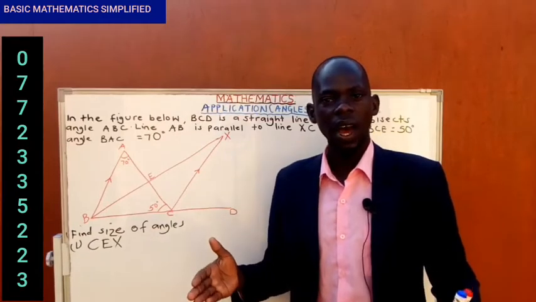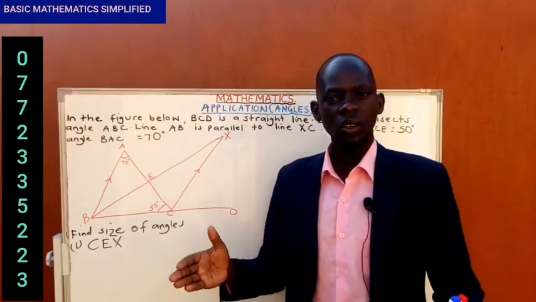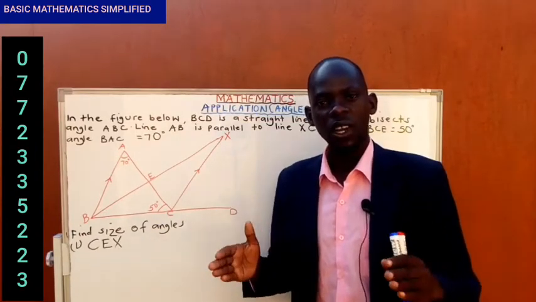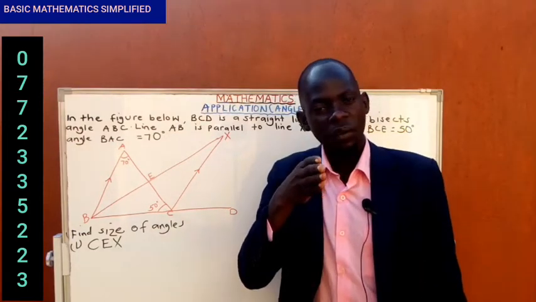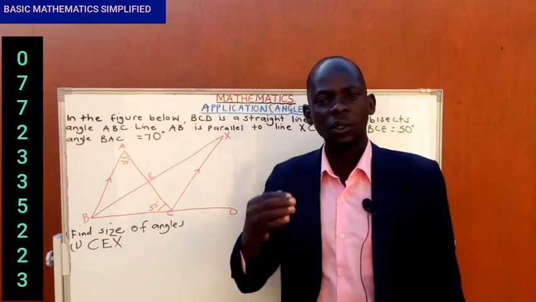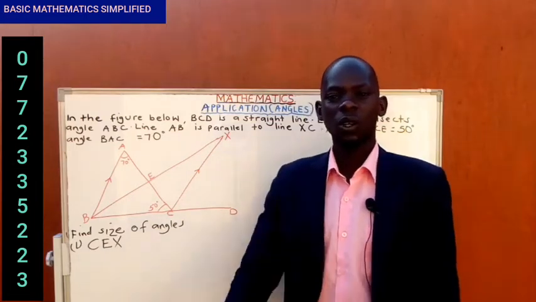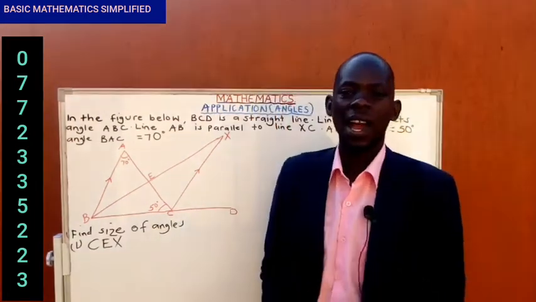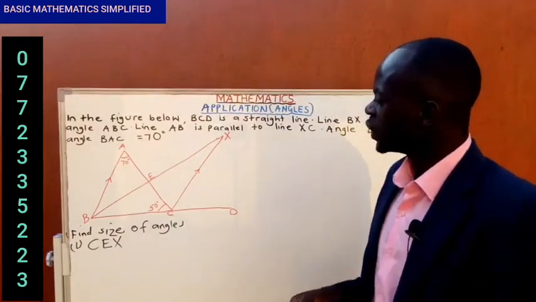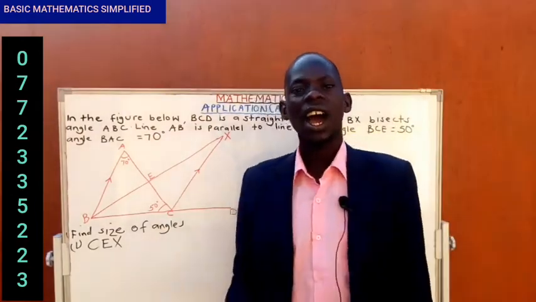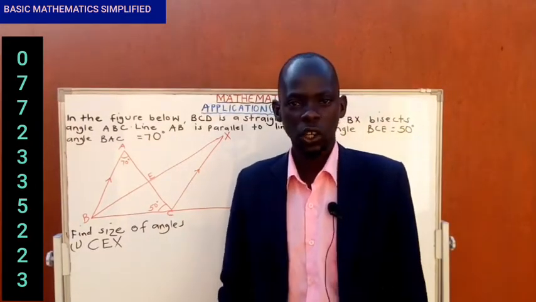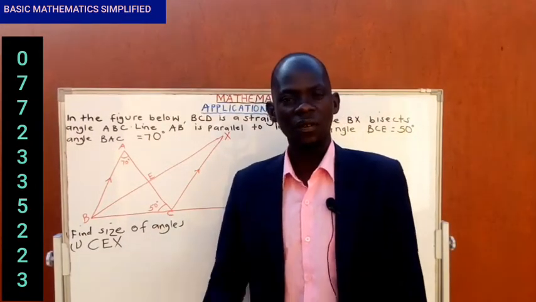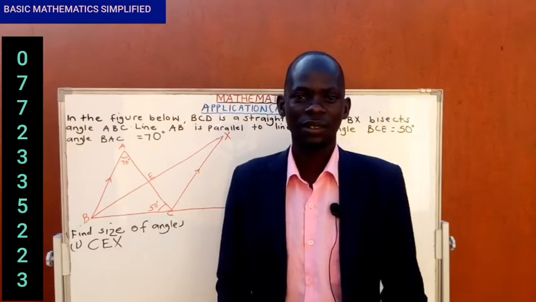We shall always learn how to apply knowledge. I'll always remind you, the trend is application everywhere. And why our children are failing mathematics is because they don't want to apply. Reading questions to understand and to interpret them in a real life situation is a challenge.